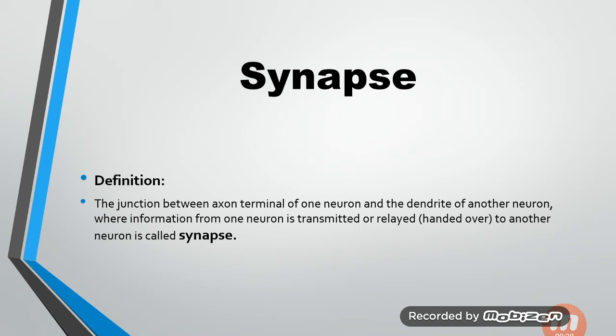Or you can say it is a consecutive neuron which is arranged in such a way that the axon endings of the neuron are connected to the dendrites of the next neuron. So a synapse is basically the junction between two neurons where the information is traveled in the form of a chemical messenger.